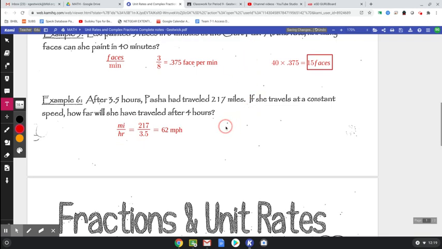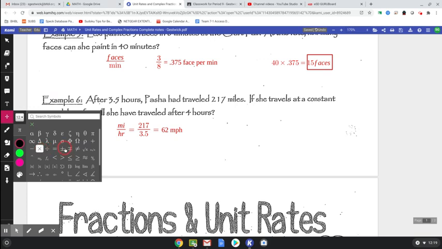Okay. So if she has 62 miles every 1 hour, let's take the 62, multiply it by 4. Sorry, this is backwards. Here's your 62 times 4. And back to this again.